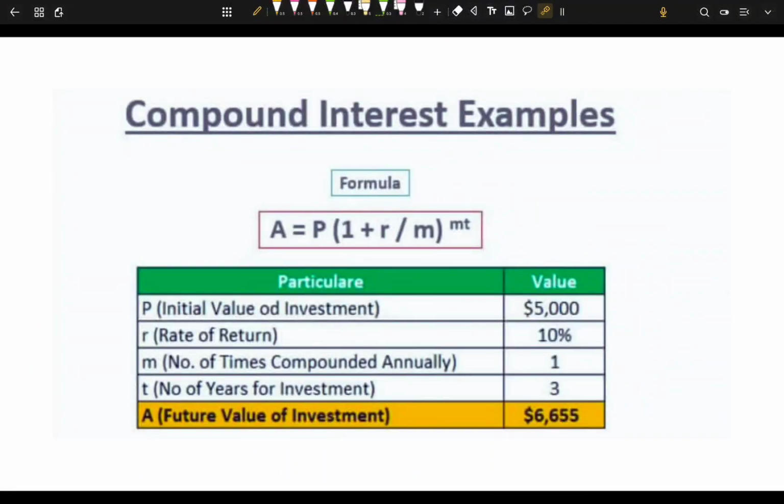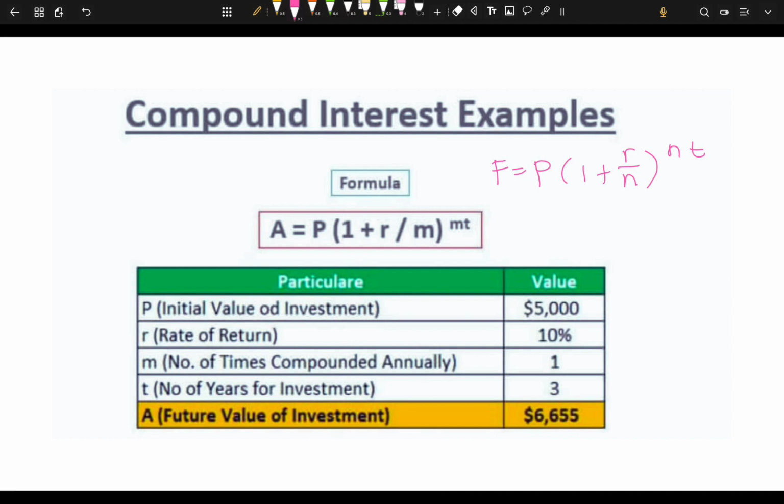So, we have the example here, compound interest example. So, let's try to use the formula again. That is the future amount is equal sa principal, parenthesis 1 plus R over N raised to NT.